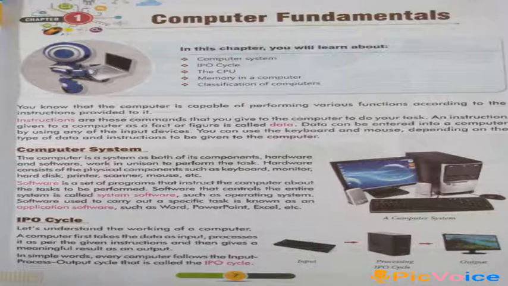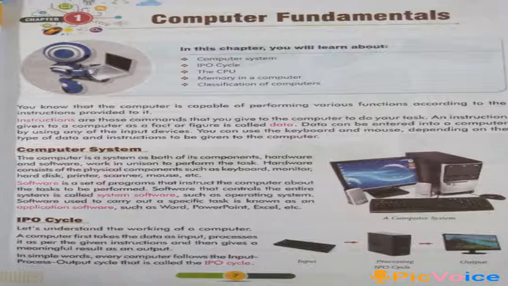IPO cycle. Let's understand the working of a computer. A computer first takes the data as input, processes it as per the given instructions, and then gives a meaningful result as an output.